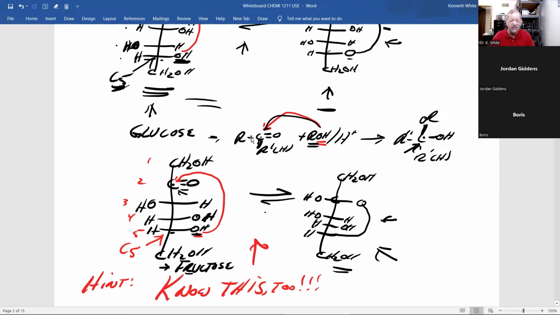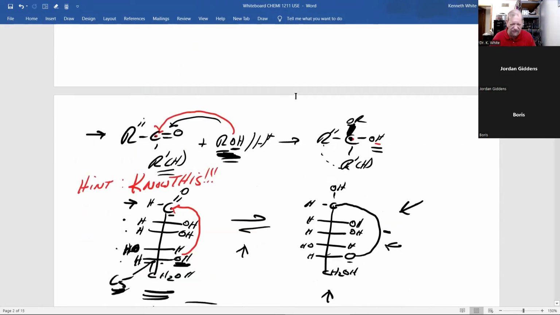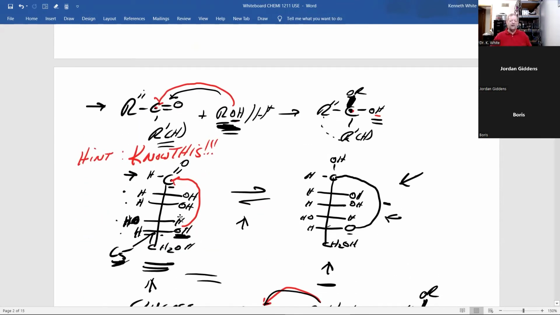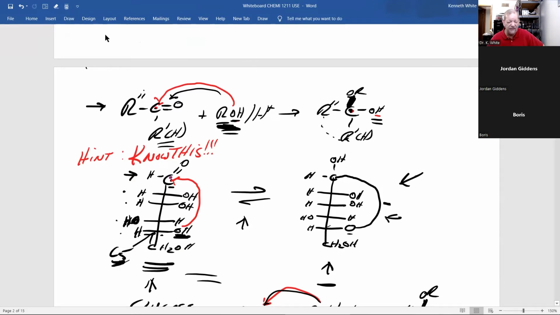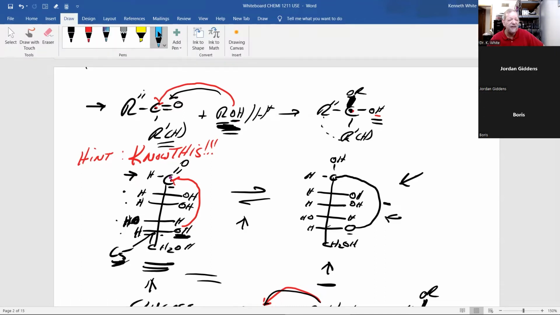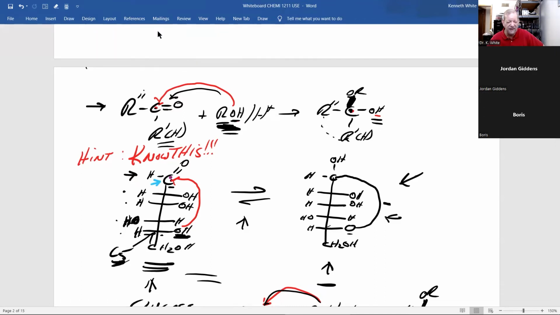All right, like I said, I'm going to come back to this tomorrow. We'll do it once or twice tomorrow. Let's do it again here. If we start out with glucose, here's my carbonyl, this right here.